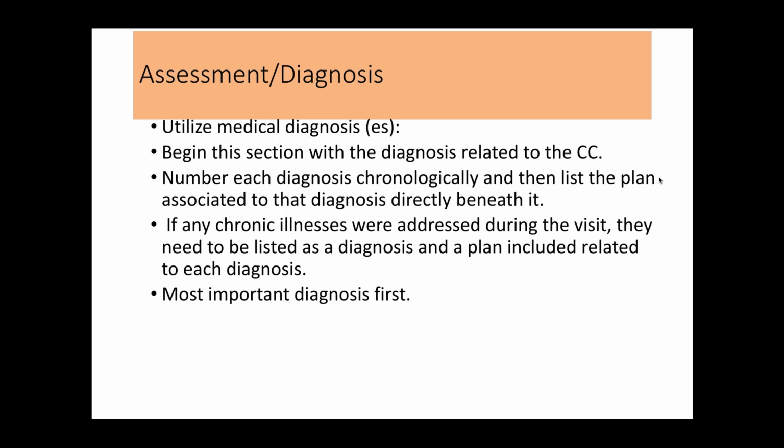If they don't have left lower quadrant pain, you could just write down the chronics. If the only thing that came in was left lower quadrant pain, and let's say they have obesity and they're a smoker, you put your left lower quadrant pain first because that's the most important. Then you're going to put morbid obesity, and then you're going to put tobacco abuse. Don't forget those too. A lot of people forget the obesity issue and tobacco.